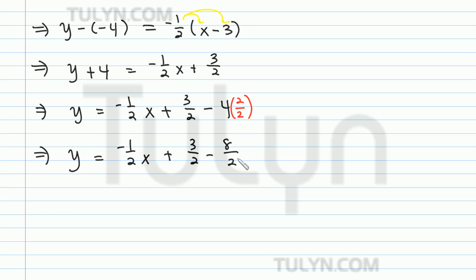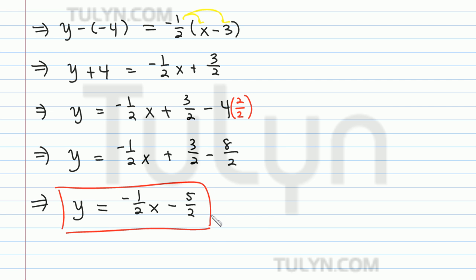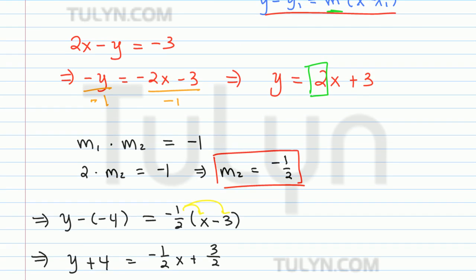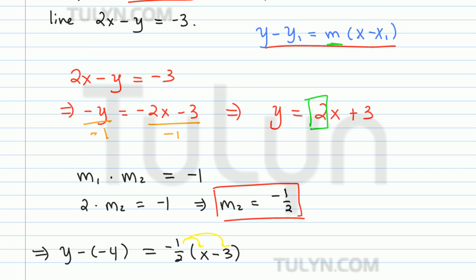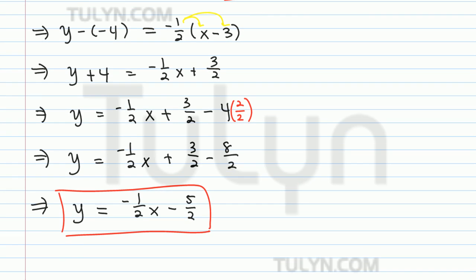And finally, combining these two fractions under the same denominator, we have y is equal to -1/2 x plus 3 minus 8, that's minus 5, over 2. So that's the equation of the line which is perpendicular to the line given above and which contains that point. We have, what is it again? y is equal to -1/2 x minus 5/2.